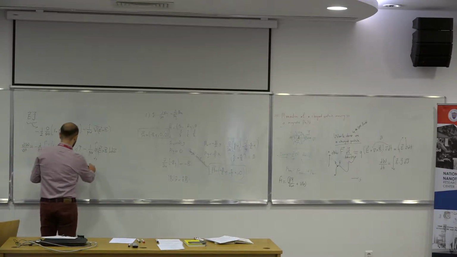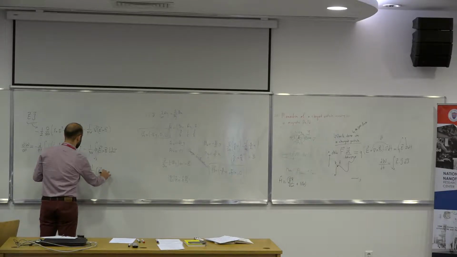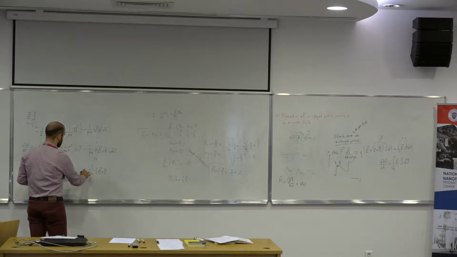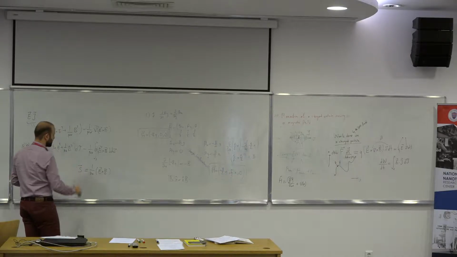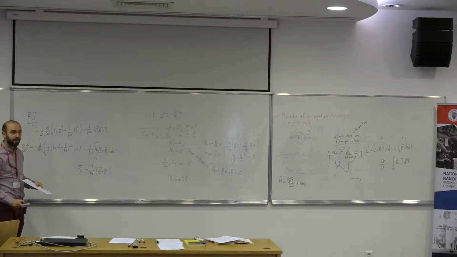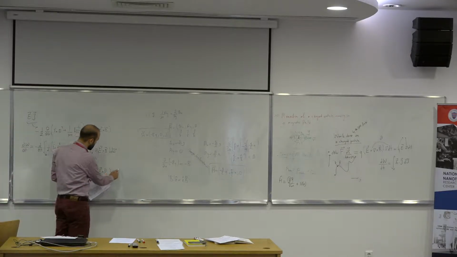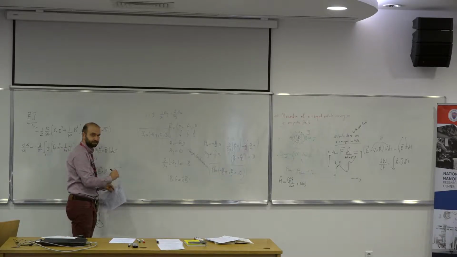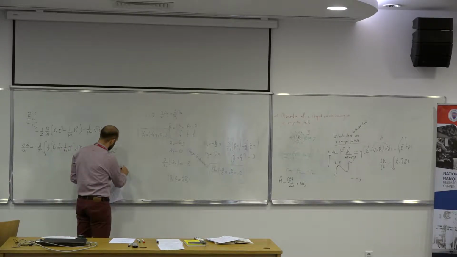This guy here, 1 over mu 0 E cross B, is obviously a vector quantity, and it is named the Poynting vector.